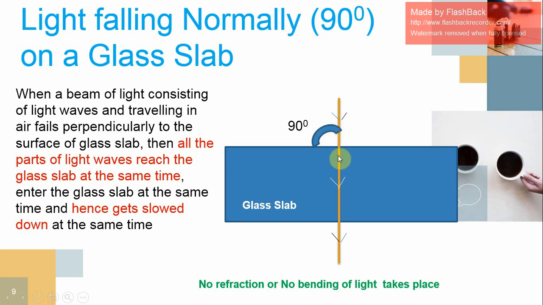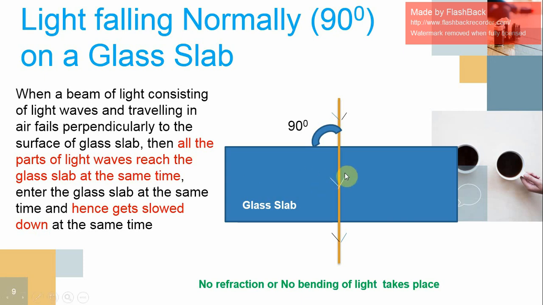So it is refracted, that means it travels from rarer to denser medium, but the speed of light gets slowed down. The speed of light is decreased, because already we discussed that the speed of light in the denser medium is lesser than the speed of light in the rarer medium.